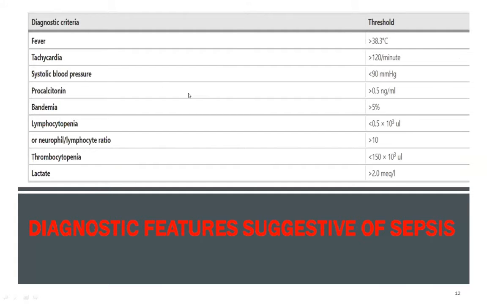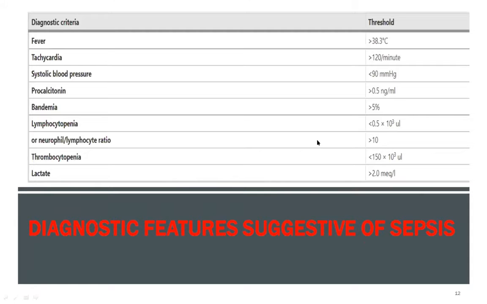Another is tachycardia, a rate of more than 120 per minute, or systolic BP less than 90 mmHg, or procalcitonin level of more than 0.5 nanogram per ml, or bandemia, that is the presence of toxic bands of more than 5%, or lymphocytopenia of less than 0.5 into 10 to the 3 per microliter, or neutrophil to lymphocyte ratio of more than 10, or thrombocytopenia less than 150 into 10 to the 3 per microliter, or a lactate level of more than 2 milliequivalent per liter. So these are the diagnostic features suggestive of sepsis.